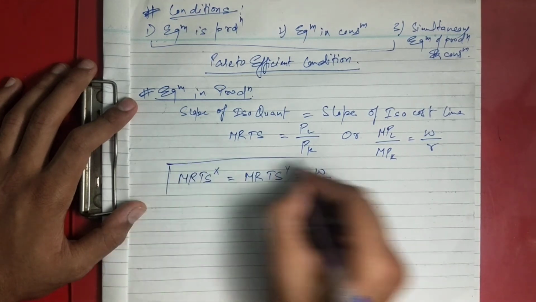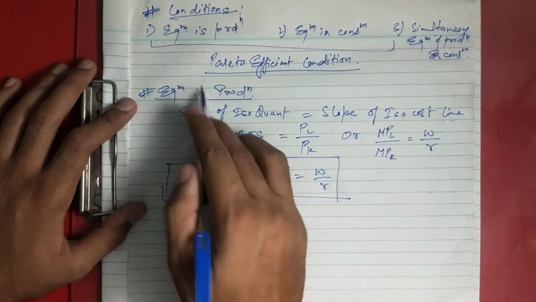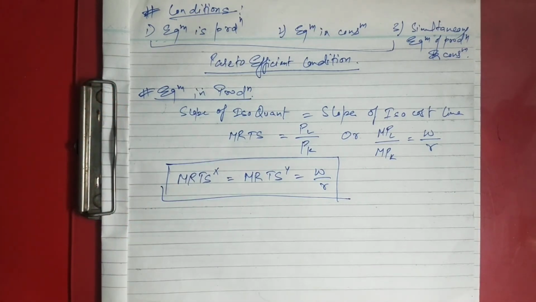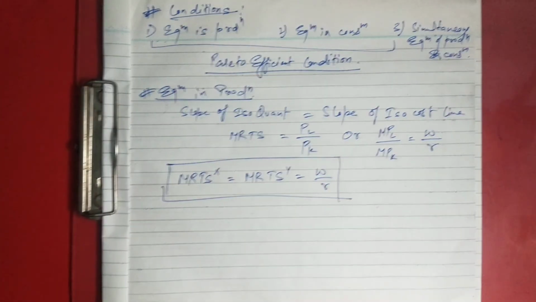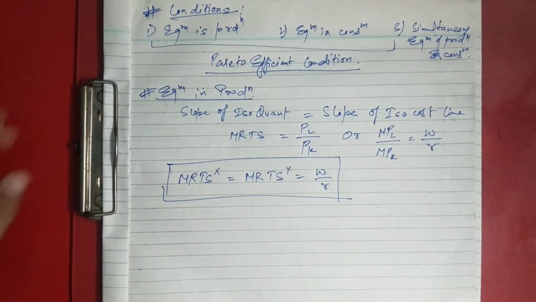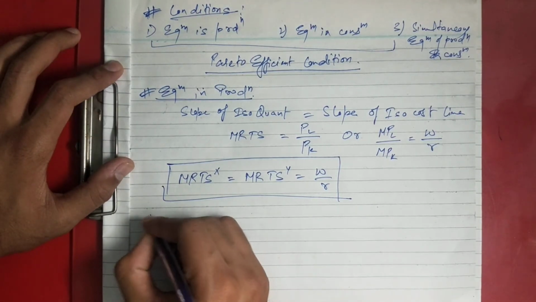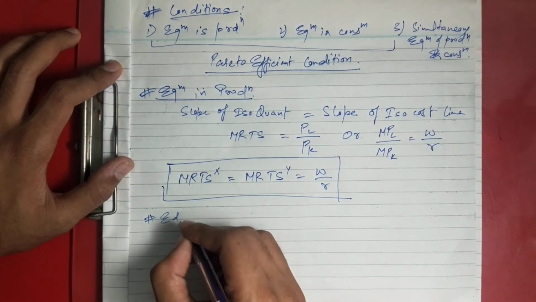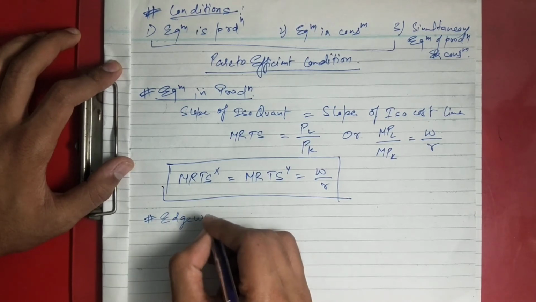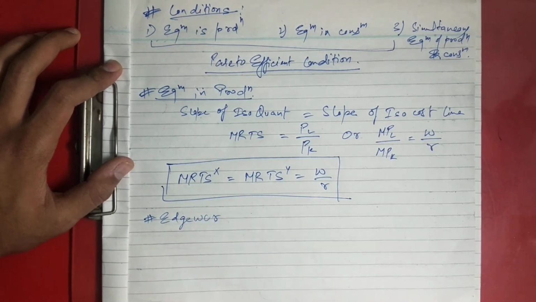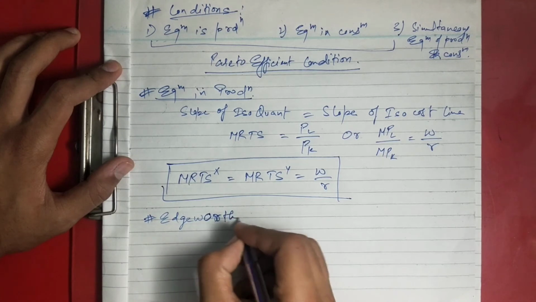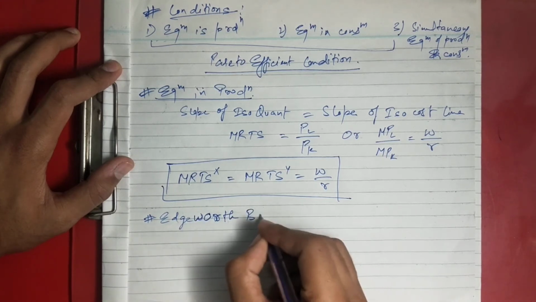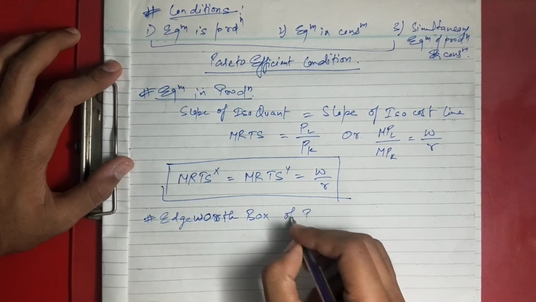So this is your final condition of equilibrium in production. Got it guys? So now we will draw the Edgeworth box of production.